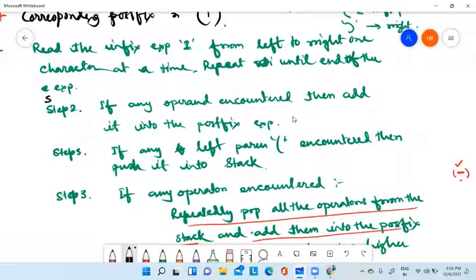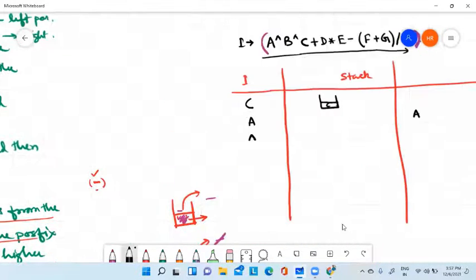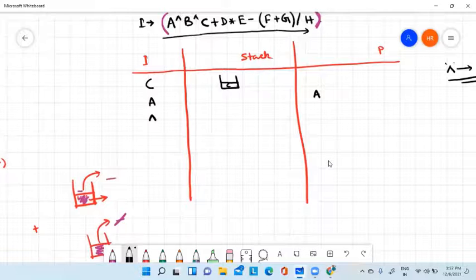Suppose there is a step before this, let us write it 1 point something. It says push if to the power is encountered, then push it into the stack.